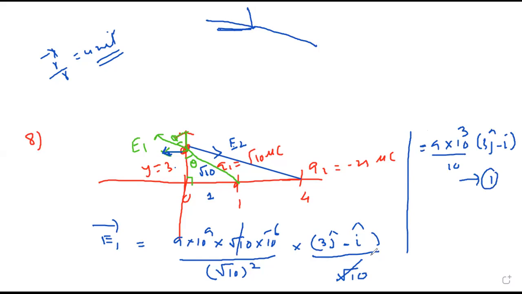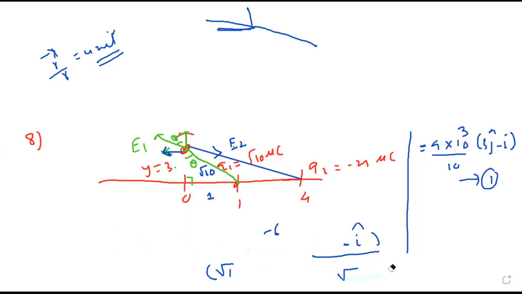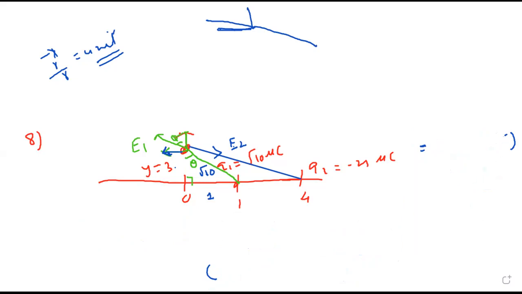Just copy this much. Then we'll find E2, and then we will add E1 bar plus E2 bar to get the resultant. I got E1 bar, which is 9 into 10 raised to 3 upon 10 times 3j minus i cap.